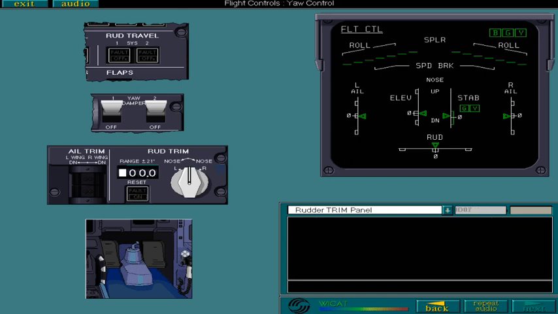When the reset is completed, the push button releases automatically and the white ON caption goes out.